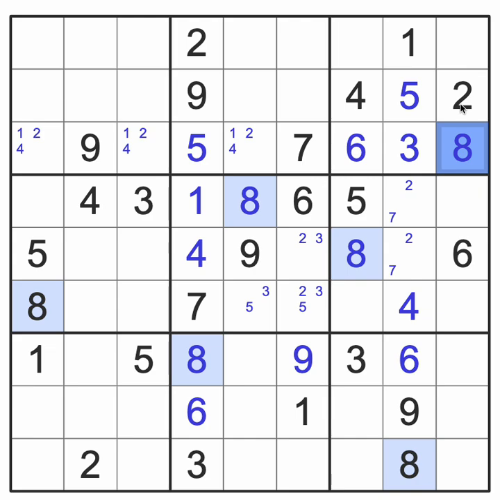So 2 is here blocking these cells. 2 here blocks this cell. Gives me 2 here. 2 and 2 blocks like this. Gives me 2 here. And now these 2 are 4 and 7. 4 here blocks this cell. Gives me 7. And gives me 4 here.